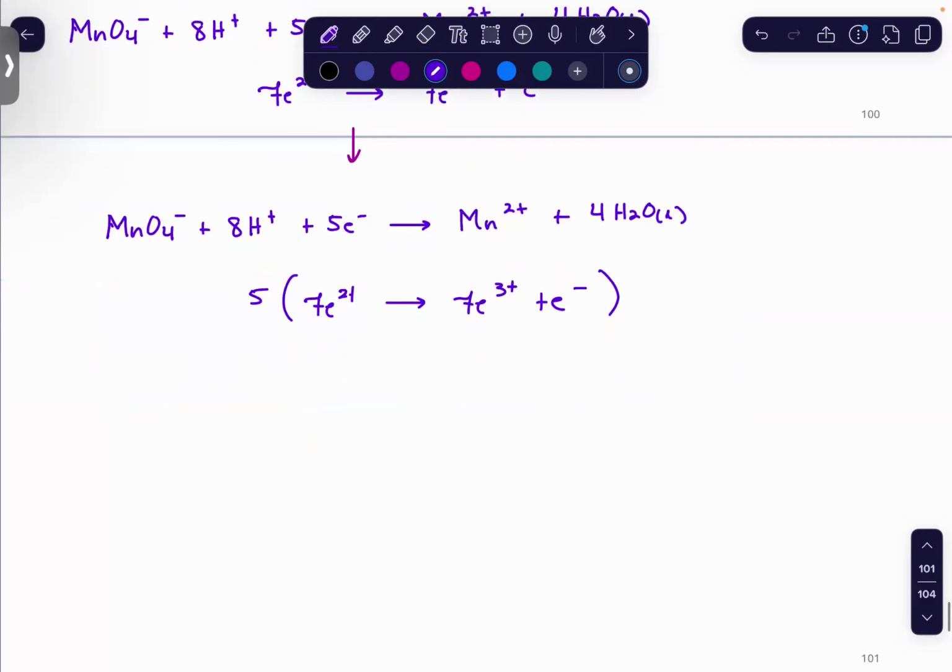Multiplied by 5. That's going to give me 5 iron 2s, 5 iron 3s, and 5 electrons. So now I'm going to take this equation and this half reaction and add them together.